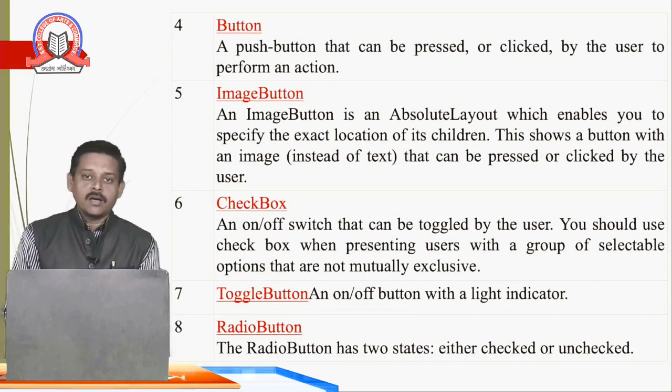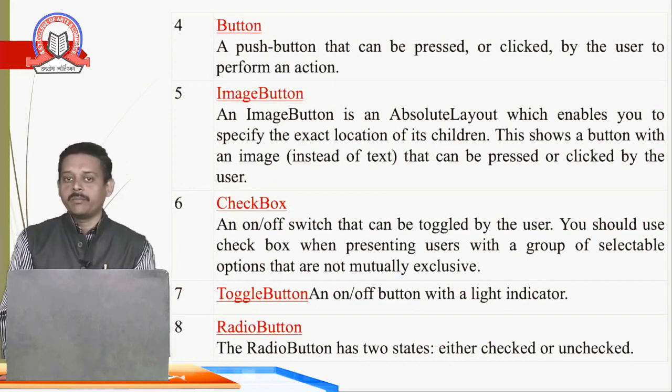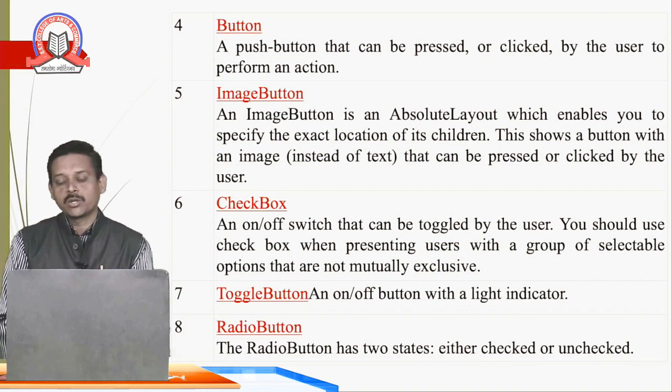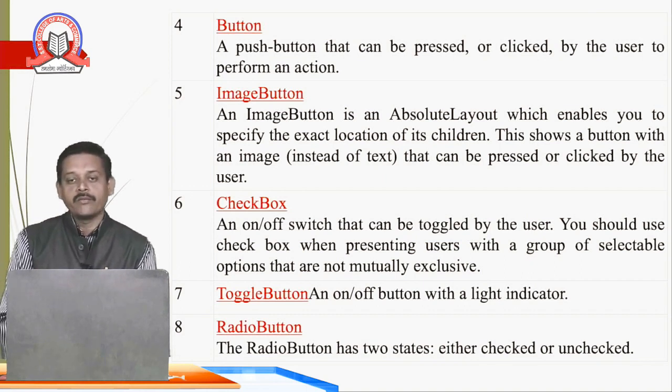Radio buttons are in a rectangle type of shape, and these are a group of options that are mutually exclusive. The button has only two values, checked or unchecked.